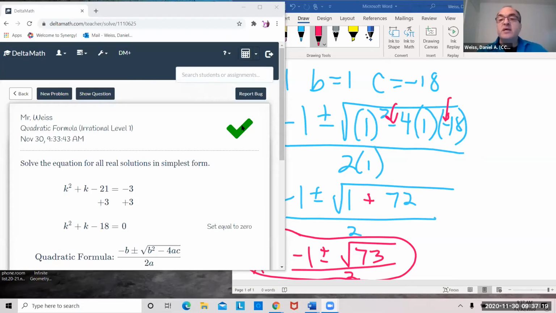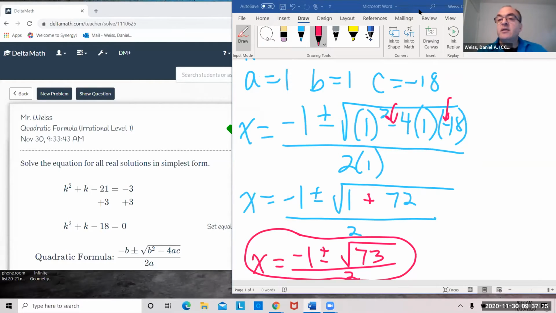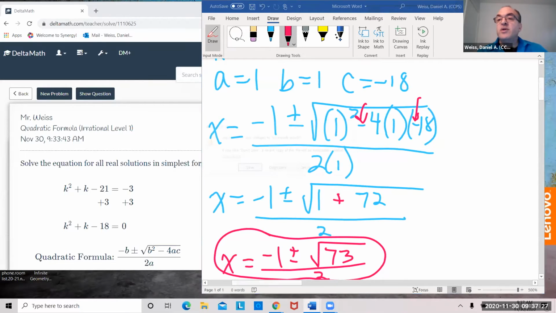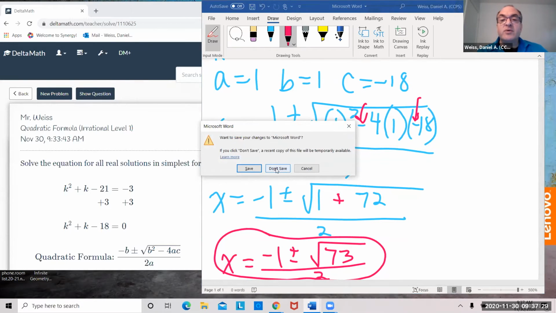If you are confident, I want you to start your assignment. I want you to actually finish your assignment. I only gave you 8 problems to do, so please do your 8 problems, and then I'm going to let you go after that. But no one's leaving till they're done with their 8 problems.